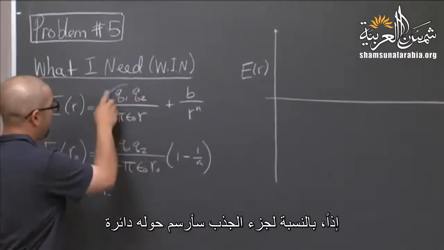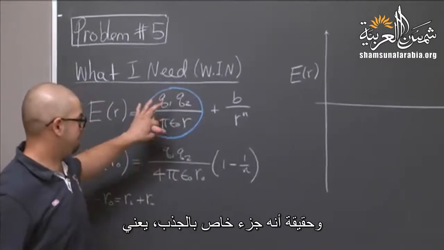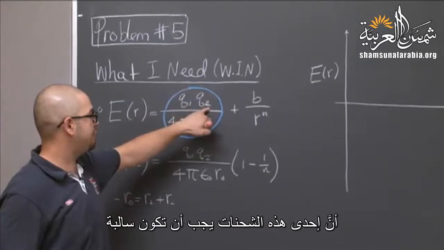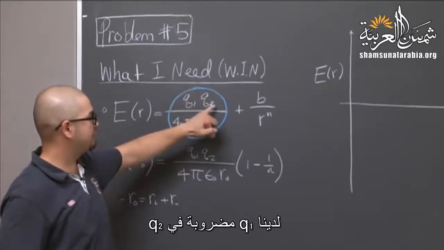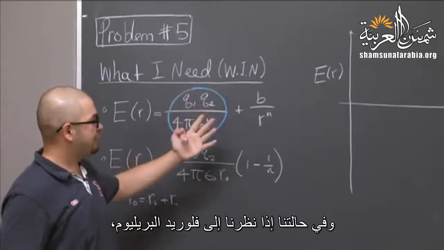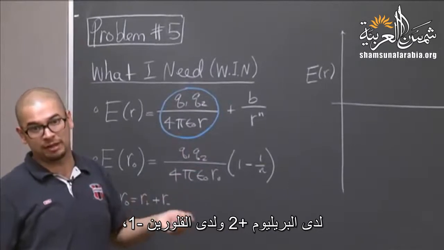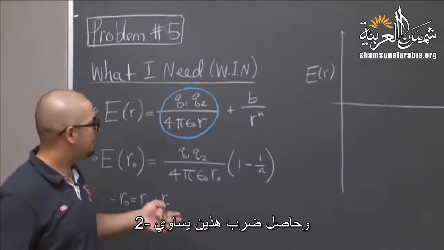For the attraction part, I'll circle it. The fact that it's attractive means that one of these charges has to be negative, which makes the overall component negative, because you have Q1 times Q2. In our case, for beryllium fluoride, you have beryllium 2 plus and fluorine minus, so the product of those two gives you -2.